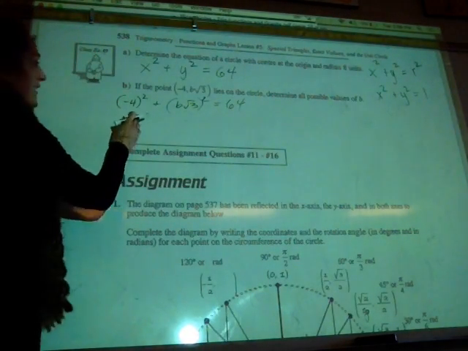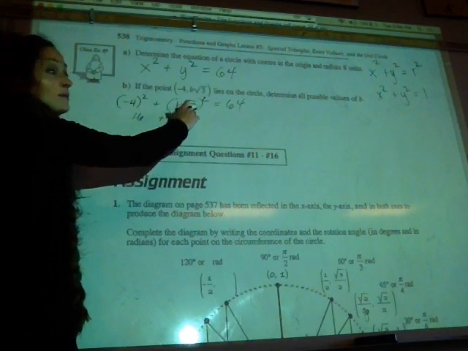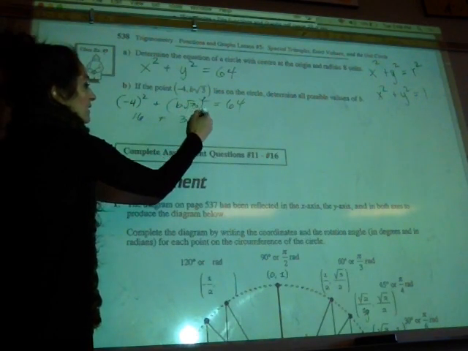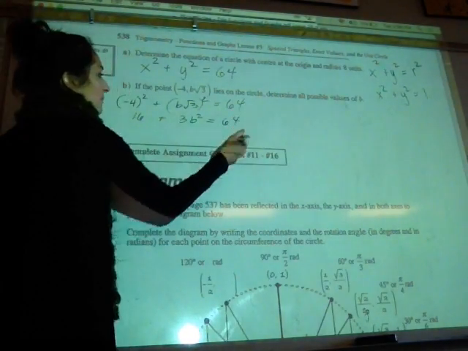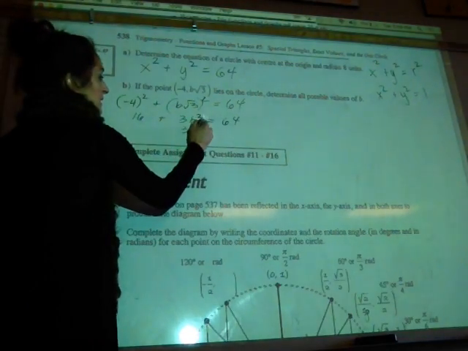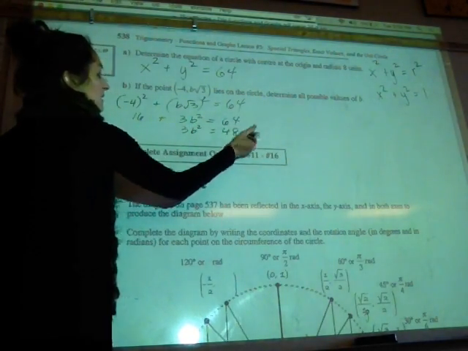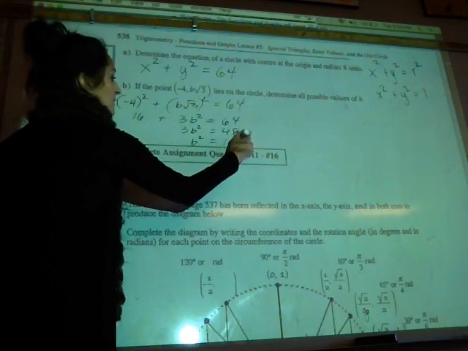So let's just expand a little bit. We get 16 plus 3b squared. Okay, don't forget to square the b. And that equals 64. Subtract 16 over and we get 3b squared equals 48. Divide by 3, 16.